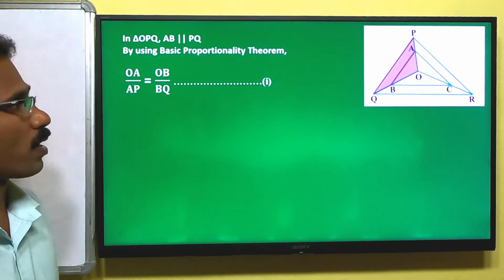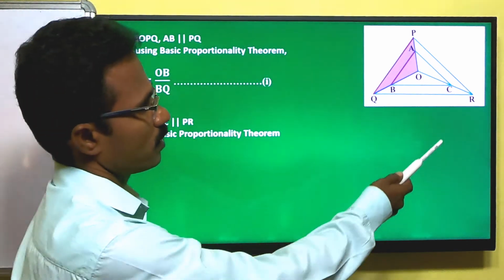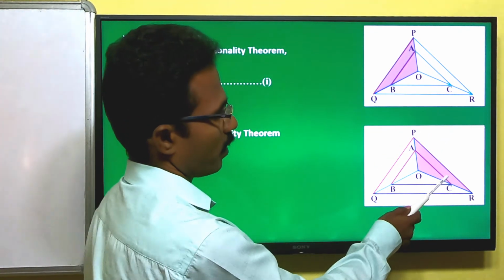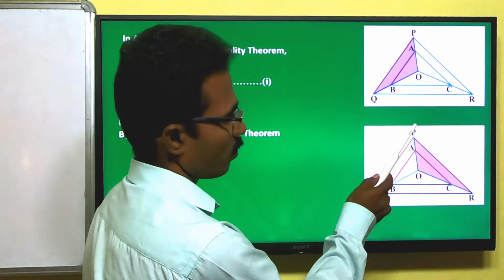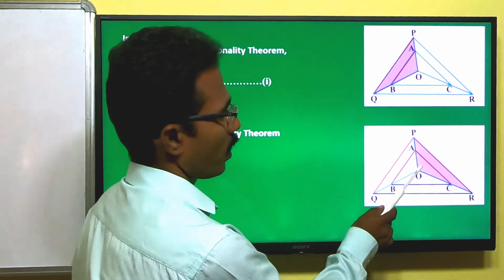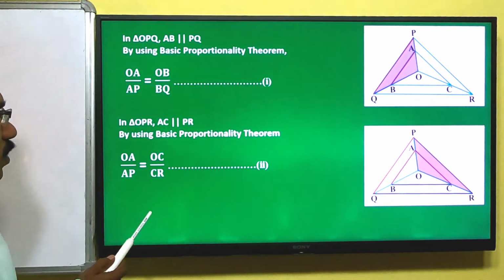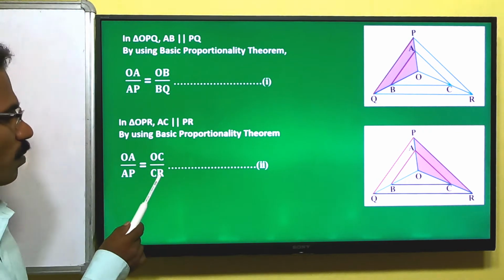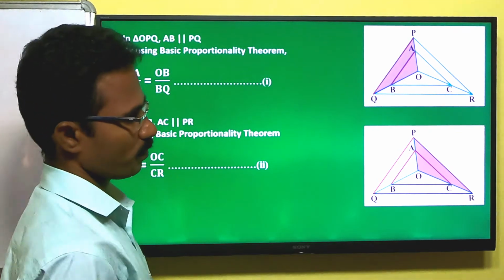This is equation 1. Then we take the next triangle on this side, where these two lines are parallel. According to the basic proportionality theorem, OA upon AP equals OC upon CR. This is equation 2.